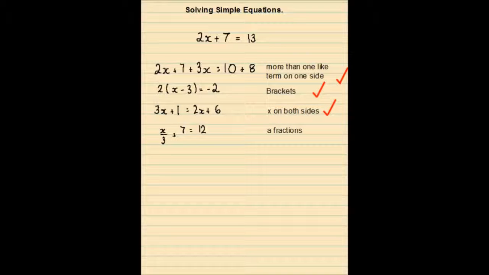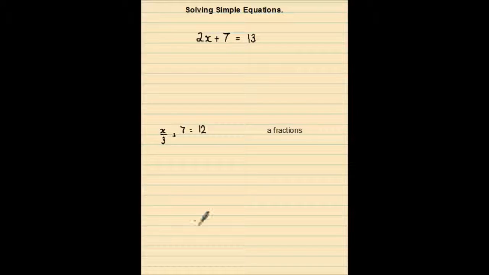So we're left with the fourth type, and I would describe this as the biggest nuisance. If you see an equation with a fraction, I'd always deal with this first, apart from perhaps collecting like terms. Yet the way we deal with a fraction is actually quite simple. Simply multiply the whole of the left and the whole of the right by whatever is on the denominator, or the bottom of the fraction.